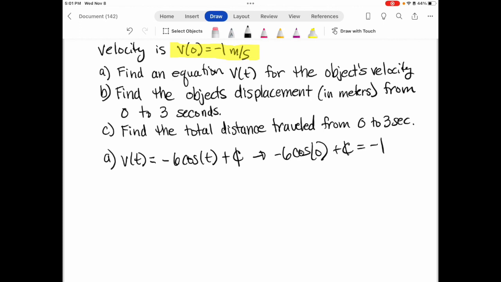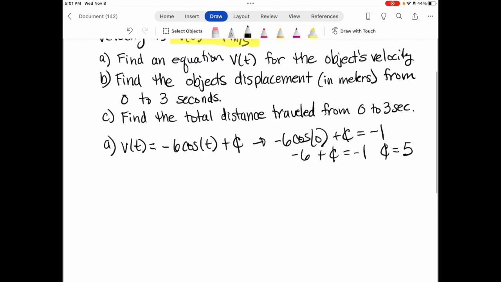So when we do that, -6 cosine of 0 is -6. So c is going to end up being 5. So for part A, our final answer is going to be v of t is equal to -6 cosine t plus 5. So that's our velocity function.